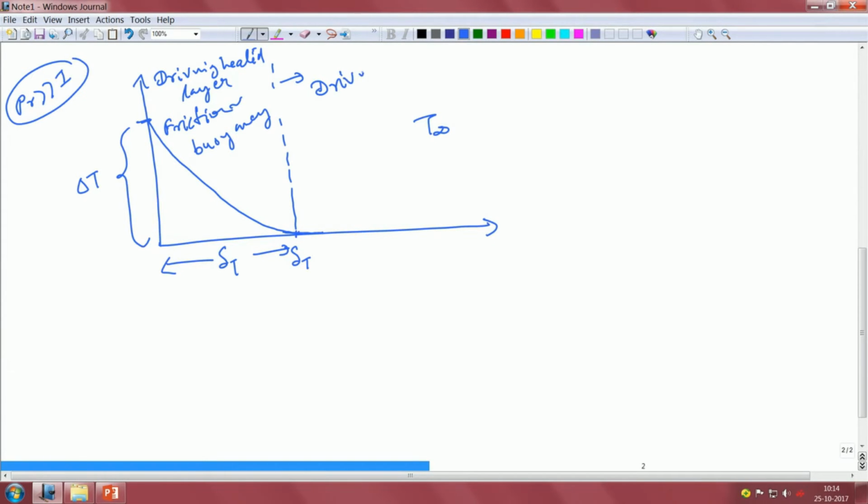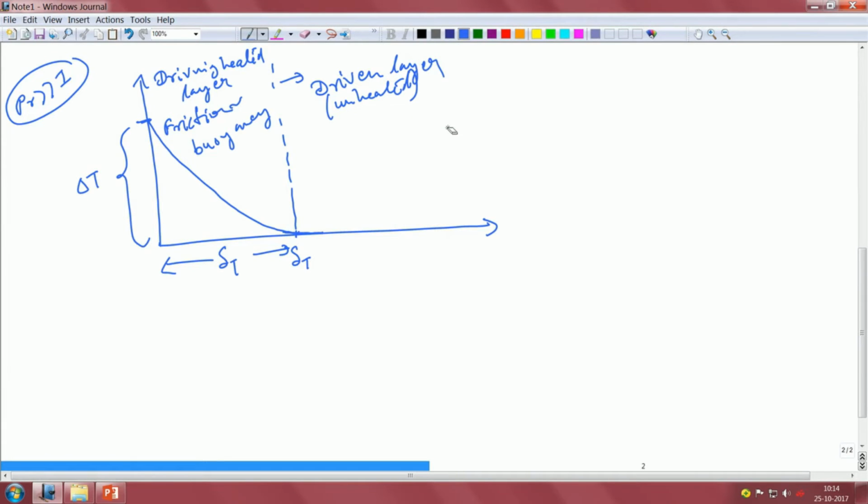Of course, the temperature does not exist anymore. In this region, we say that this is a driven layer, almost like an added mass effect, where something moving carries some added mass with it. This is a driven layer which is unheated, because there is no temperature gradient there.